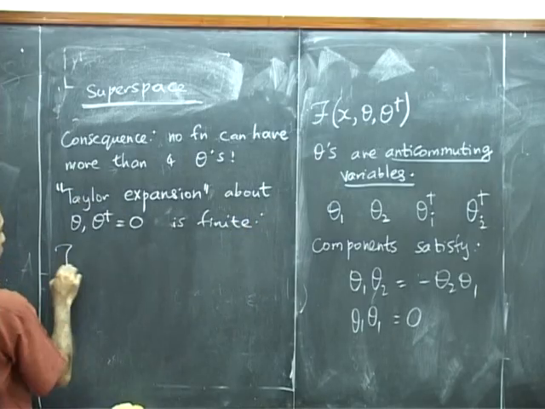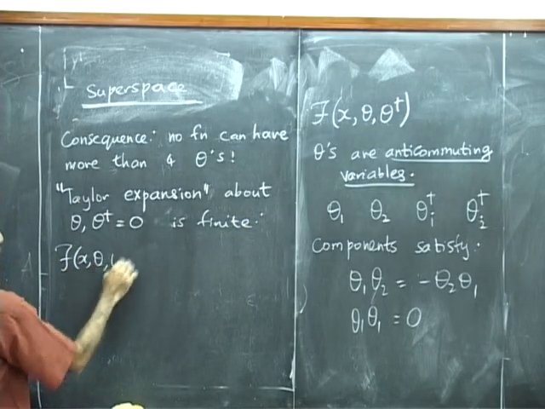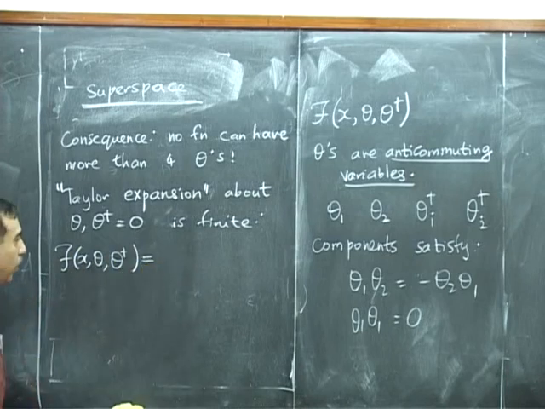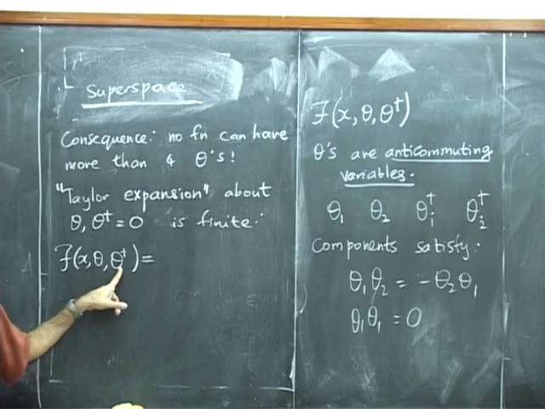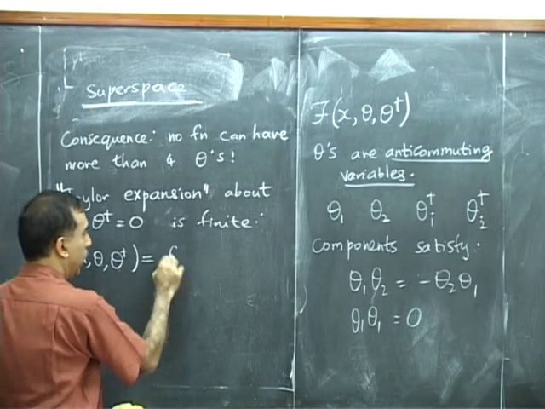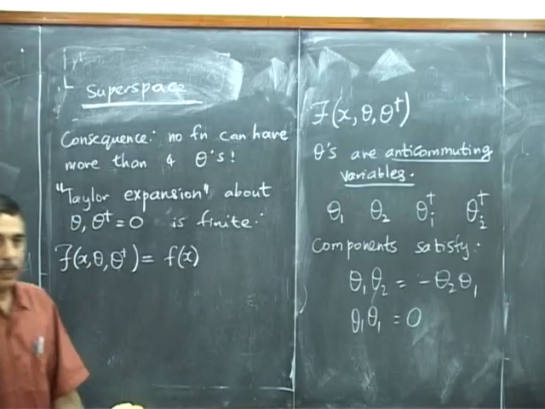And here it is. I take f of x, theta, theta dagger. First of all, the first term in a Taylor expansion is when I put theta and theta dagger equals 0. So I'll give that term some name, f of x.